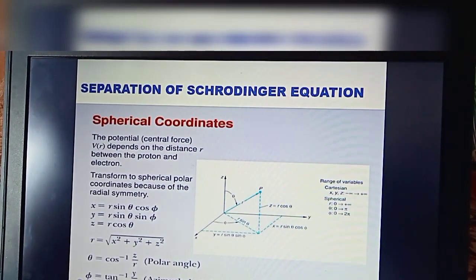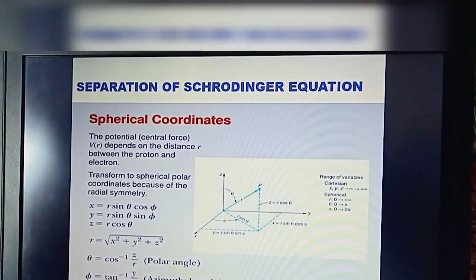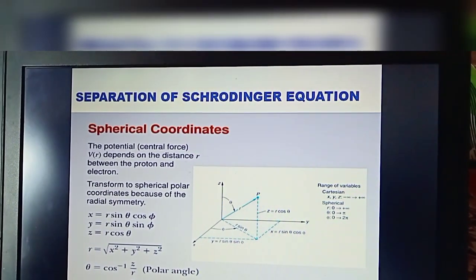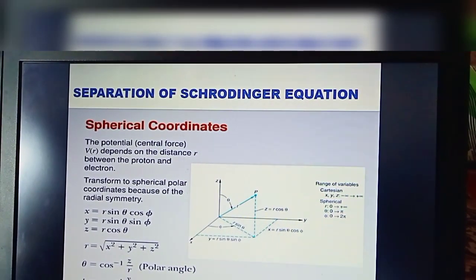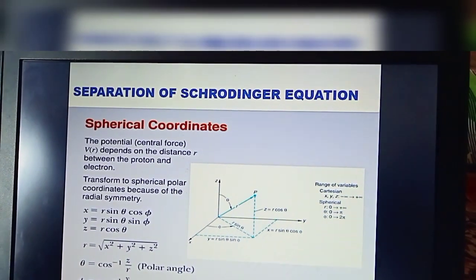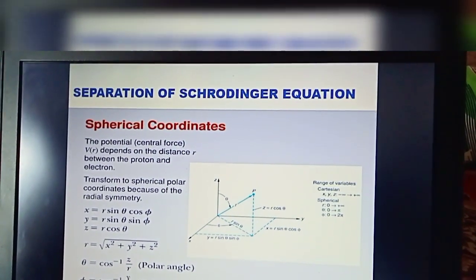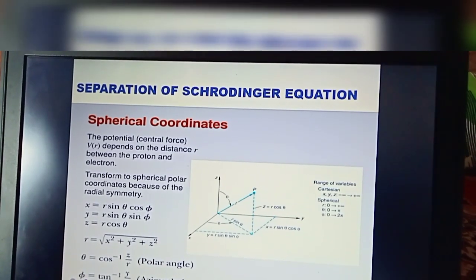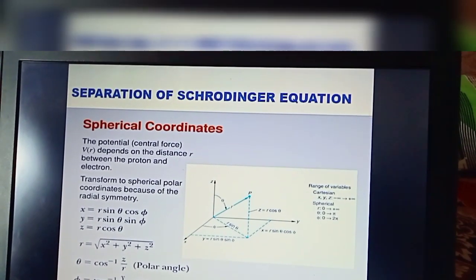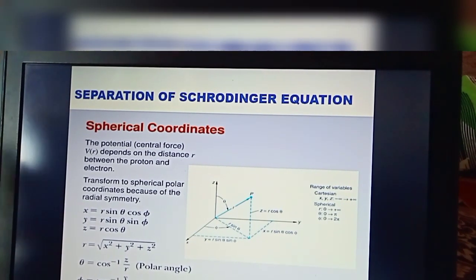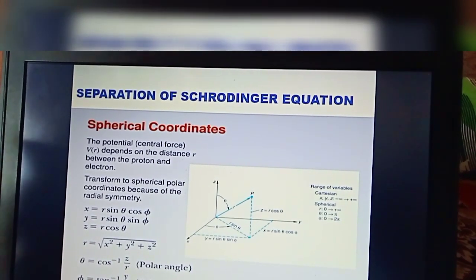The radial distance is also known as radial coordinate apart from the radius. The polar angle could be mentioned as colatitude, zenith angle, normal angle or inclination angle. r is the radius of the system, theta is the inclination angle, and phi is the azimuthal angle.